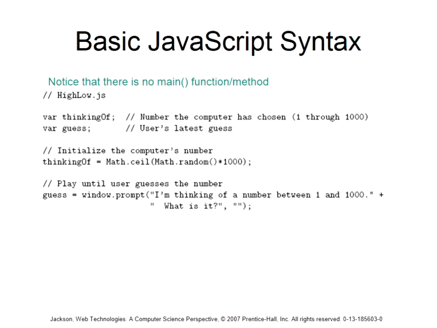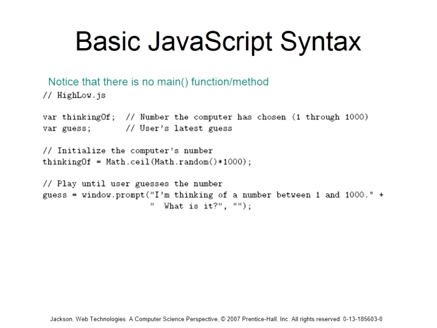Basic JavaScript syntax. So this is an example of JavaScript code, and through this example we will discuss the basic JavaScript syntax. So the first note is that there is no main function or method.